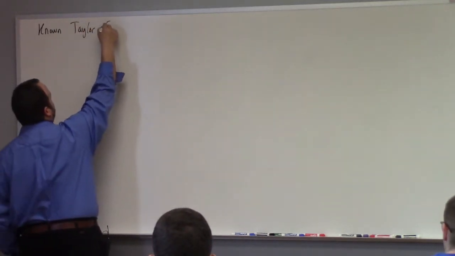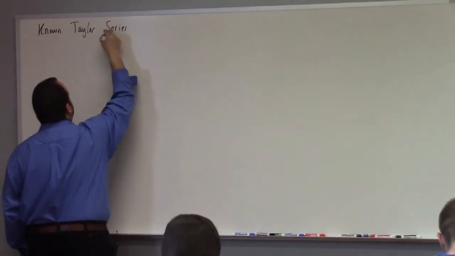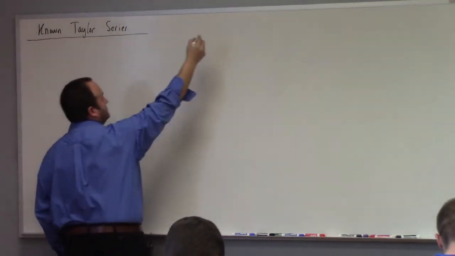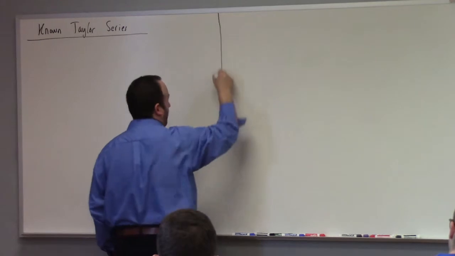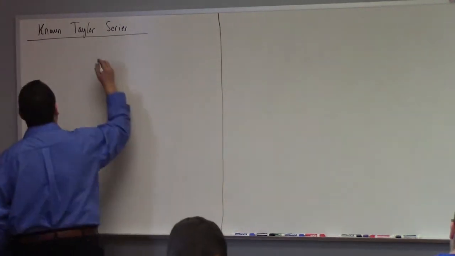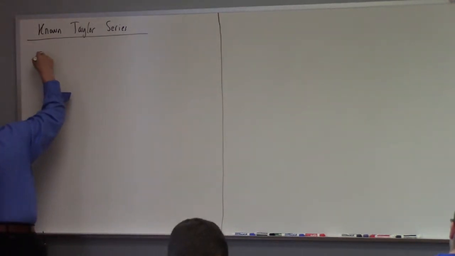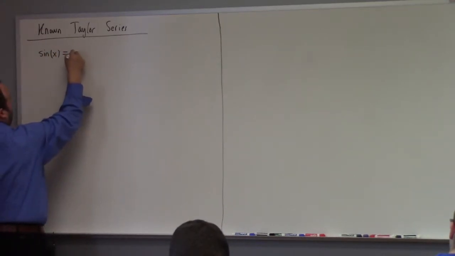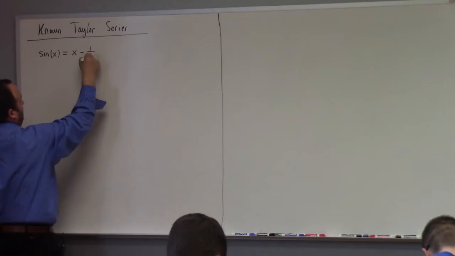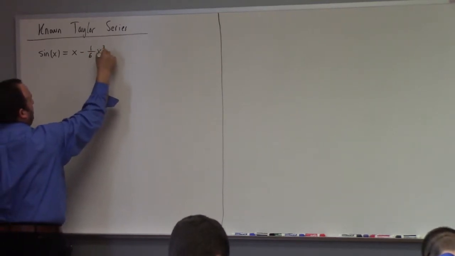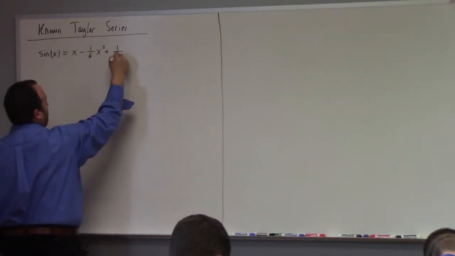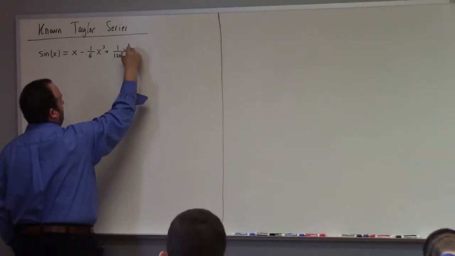Taylor series. So last time I derived sine of x is equal to x minus 1/6 x cubed plus 1 over 120 x to the fifth plus dot dot dot.